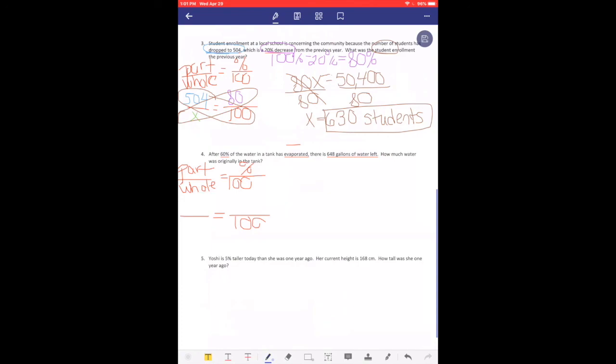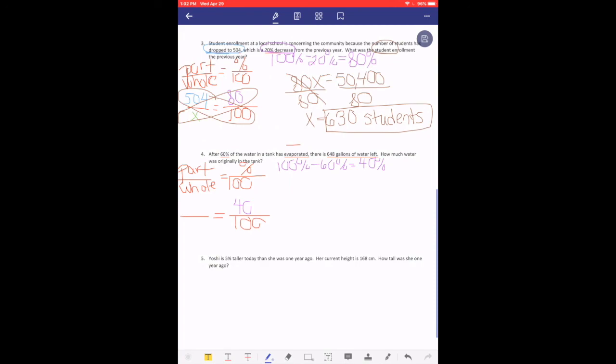For the percent, you have to ask yourself if there was an increase or a decrease, and in this case, we said that there is a decrease because we are subtracting. Water has evaporated. So if it was originally 100%, I'm going to subtract the 60%, and then when I do 100 minus 60, I will get 40%. So 40 is going to go in my percent section in the top right corner.